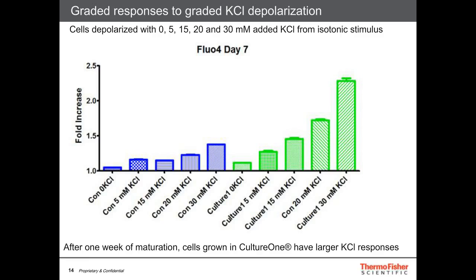So the first bit of data that we got here, we'll be looking at data from week 1, week 2, and week 3. So here we are on day 7, and I set this up so that I could look at a few things. I was showing you maximum responses to a 30 millimolar potassium chloride stimulus. Here I've shown a bit more detail.